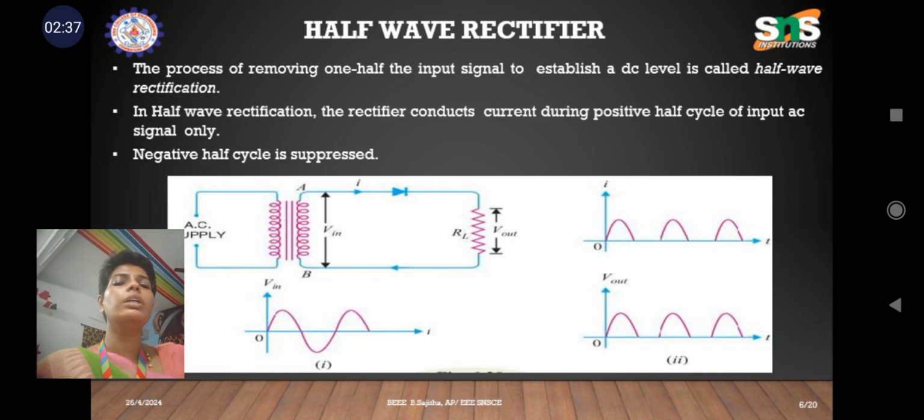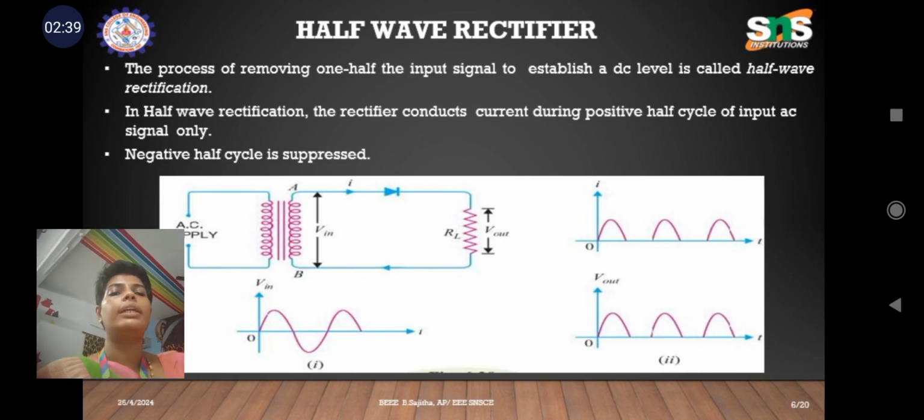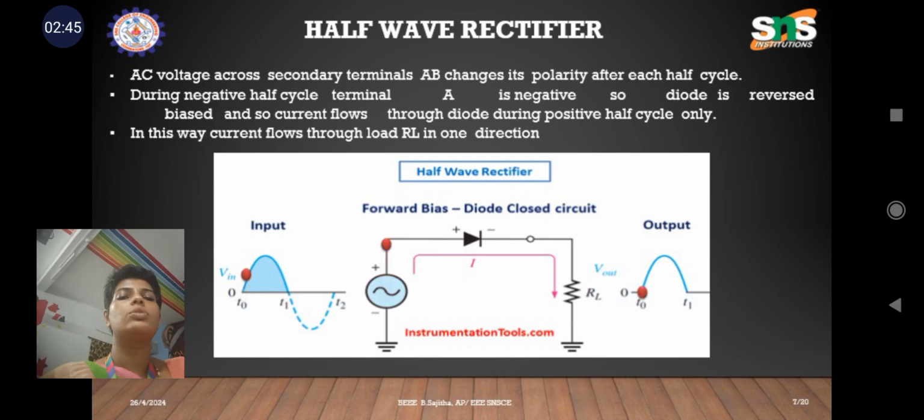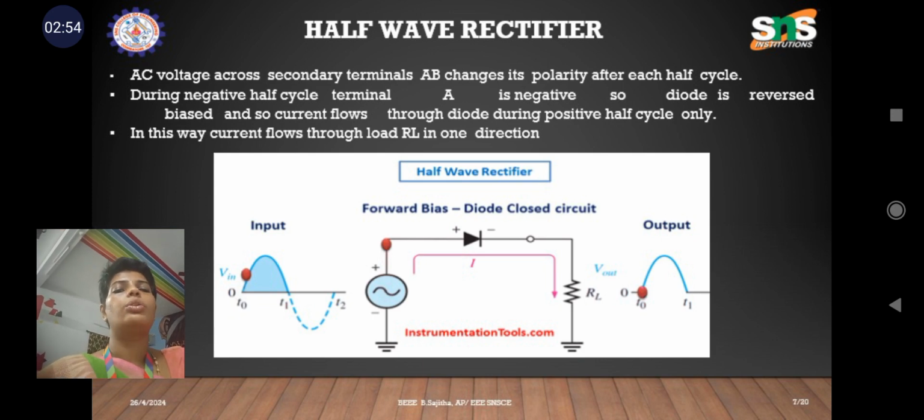Then the condition is reversed during the negative half of the cycle. What was explained so far is the forward bias condition. Here the positive half cycle goes through the diode's positive terminal, and from the negative terminal it reaches the load, so the positive half cycle is easily rectified.